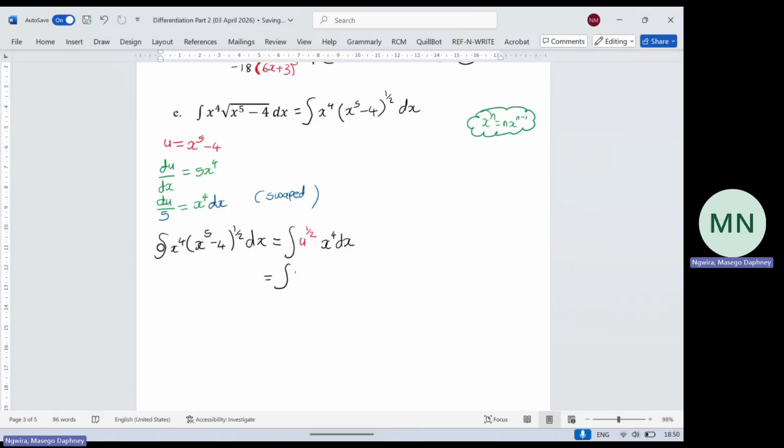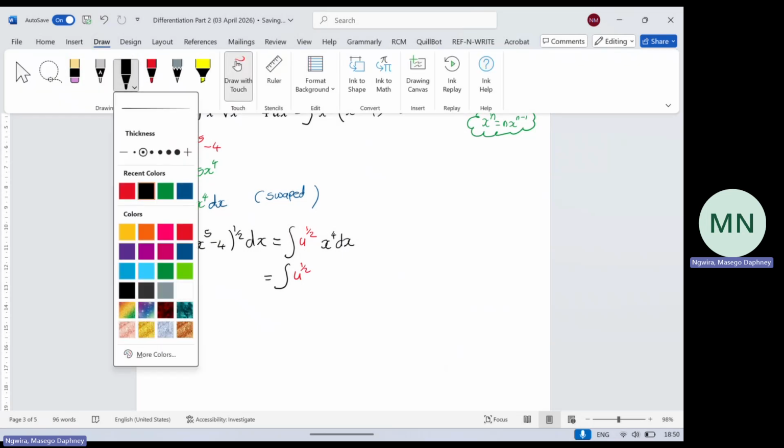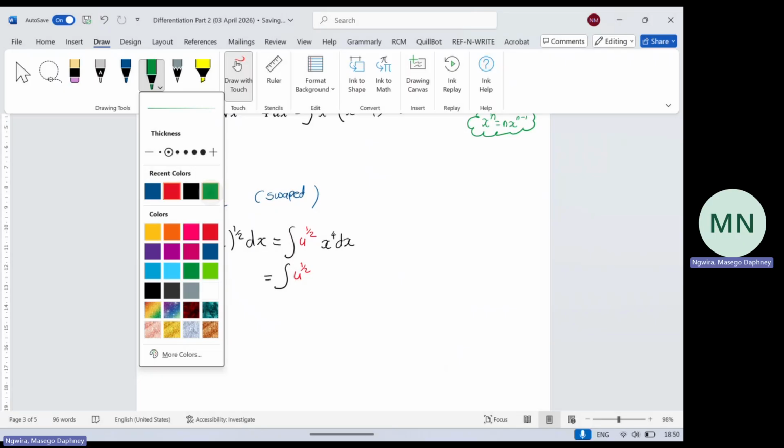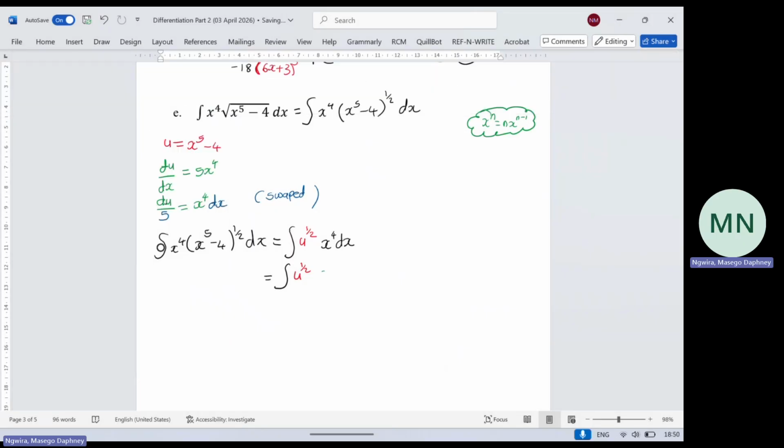The reason I'm doing this one is because it's a little different from the previous one, because of the x to the power of 4. It's not really a big deal. Then I'm going to substitute this x to the power of 4 dx. We said it must be du over 5. We can check it. It must be du over 5.